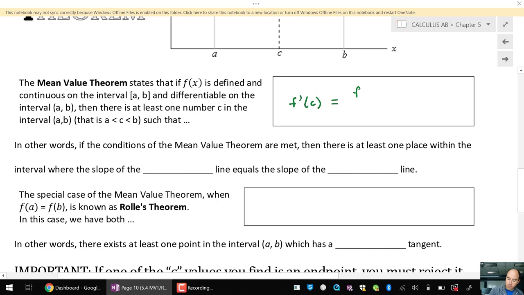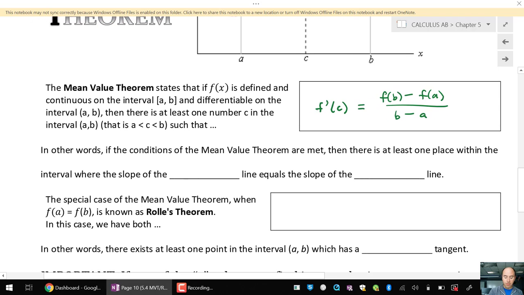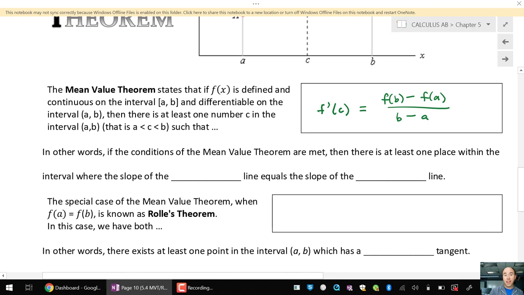Average rate of change is f of b minus f of a divided by b minus a. That's the conclusion of the mean value theorem. And notice the prerequisites. We have to make sure that the function that we're analyzing is defined and continuous on the closed interval a to b, and it's differentiable on the open interval from a to b.